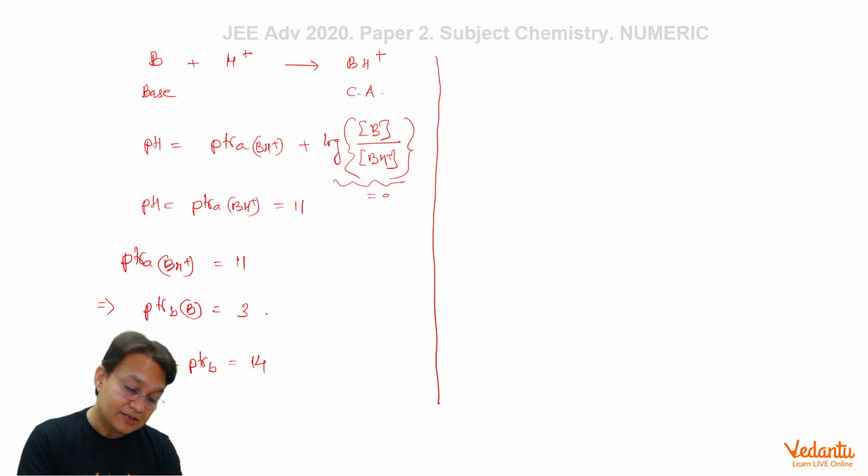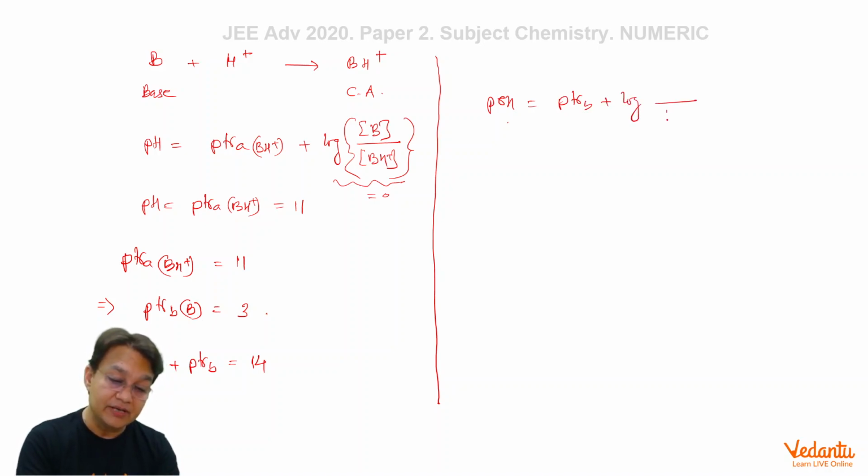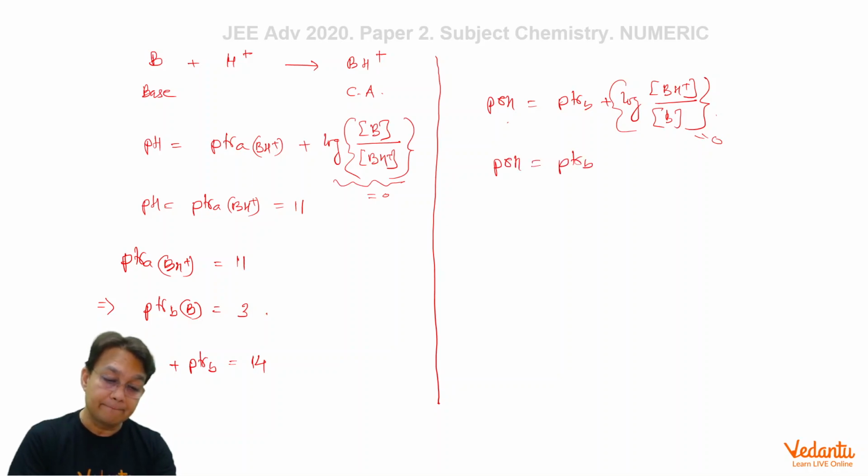In this case, we'll write pOH is equal to pKb plus log, in the denominator the base, which is B, and in the numerator BH plus. Eventually, this term is going to be 0, because BH plus is equal to B at the half equivalence point. So this term is ultimately going to be 0, and you are going to get pOH is equal to pKb.